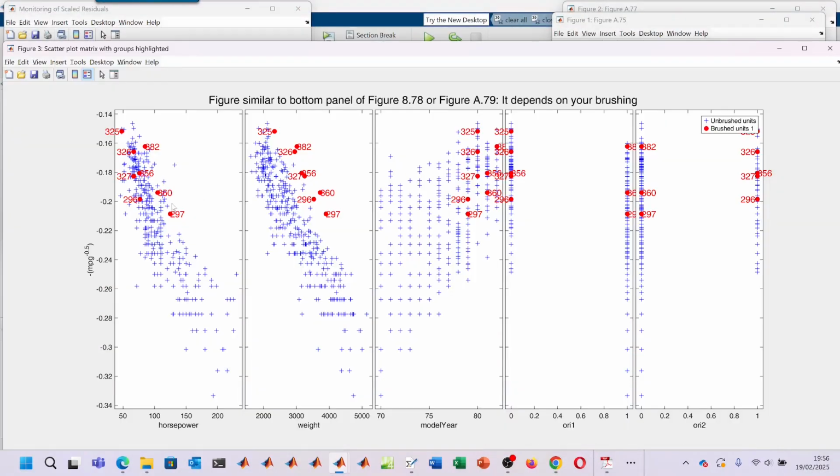The brushed units correspond to a particular region of the space, which is very evident in the scatter of transformed response with weight, and these units are characterized by values of model year that are among the greatest.